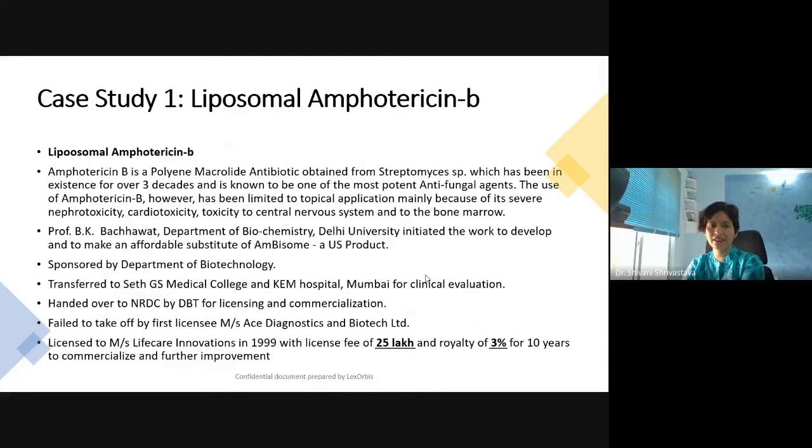And here the research was done by Professor BK from Delhi University. He was in the Department of Biochemistry, and he had developed the technology and developed the product. This particular project was funded by the Department of Biotechnology.